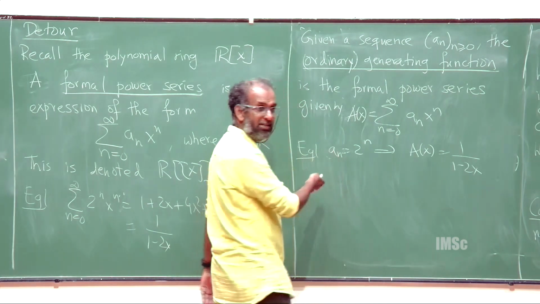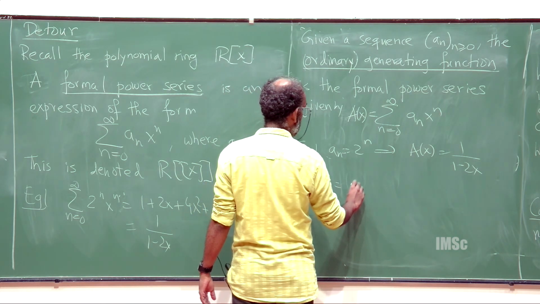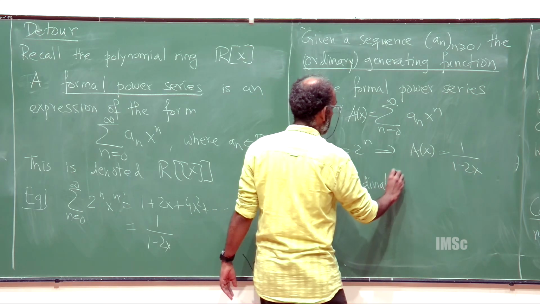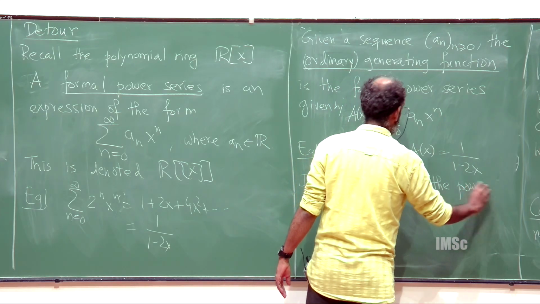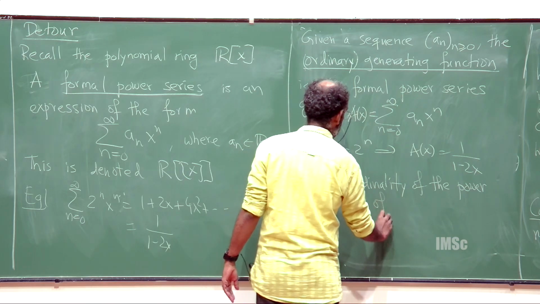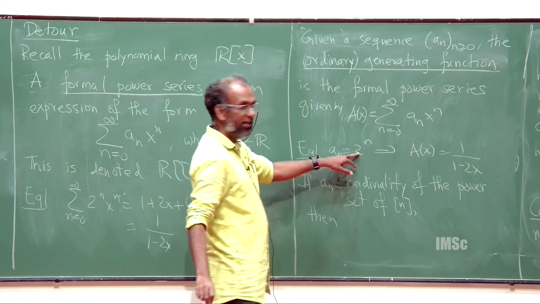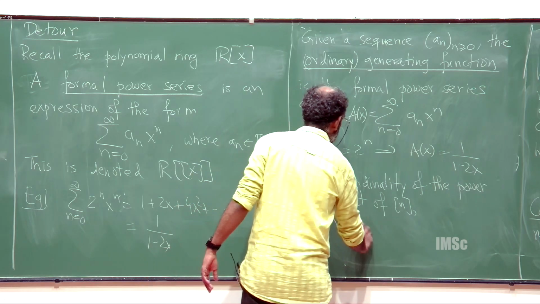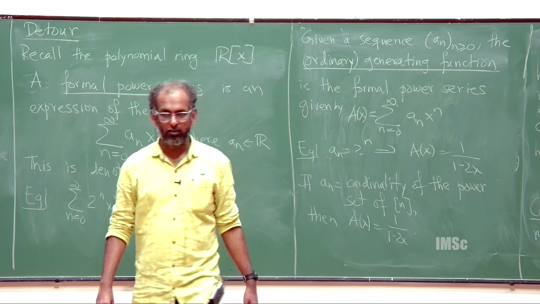So in this case, again to repeat the example, if a_n is the cardinality of the power set of [n], then we know that that is 2^n, we discussed it many times, and then its generating function is 1/(1-2x).